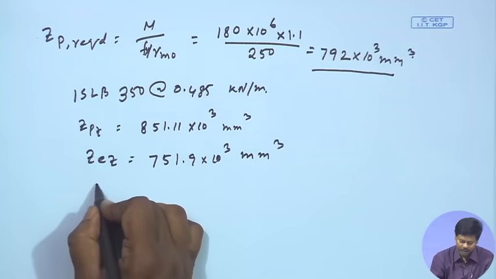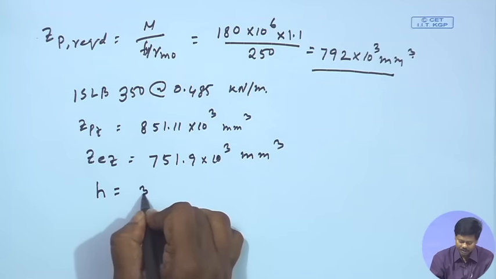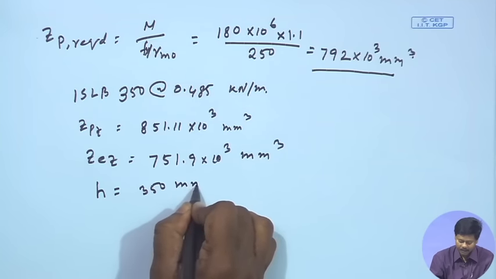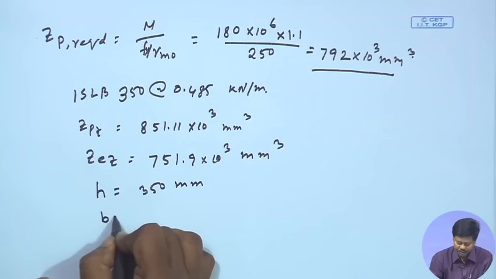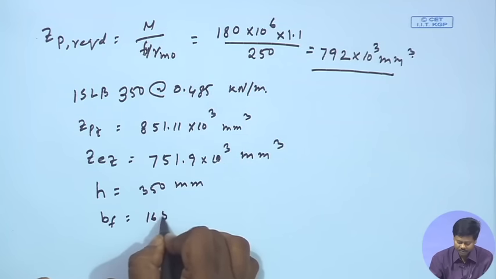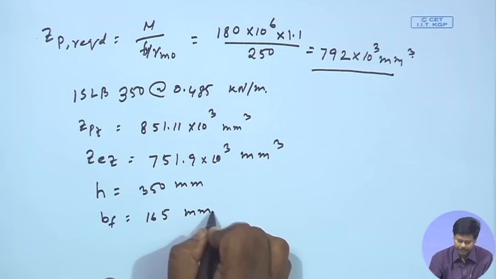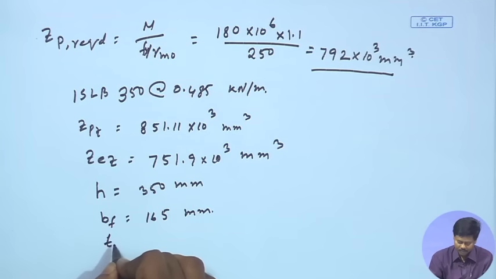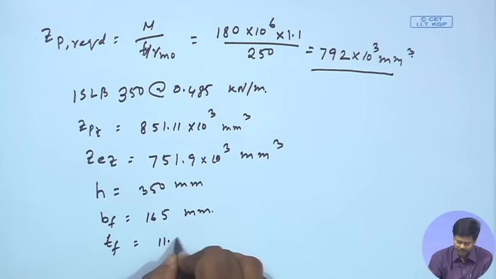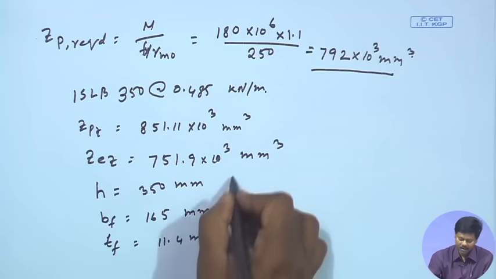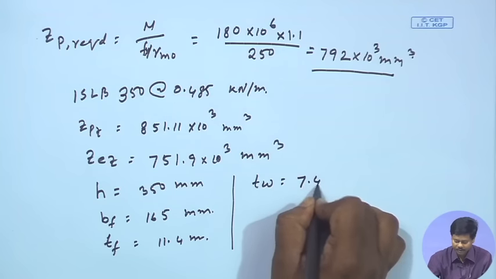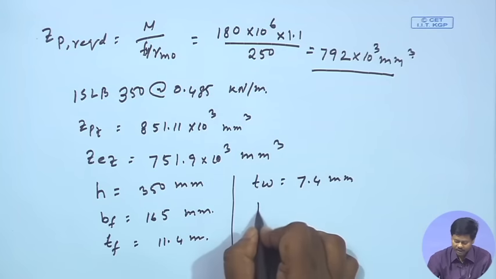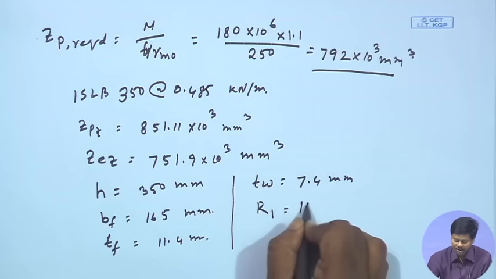Similarly, the overall depth H is 350, and the other data we get from SP6: the width of flange is 165 millimeter, the flange thickness is 11.4 millimeter, the thickness of web is 7.4 millimeter, and the root radius R1 is 16 mm.